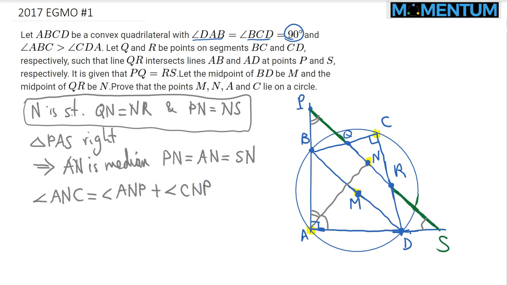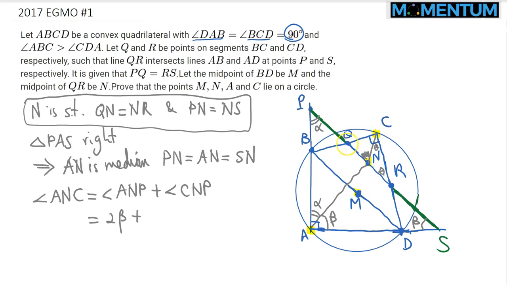For angle ANP, let's call these two alpha, and this one beta. This one is beta. Do you guys agree that ANP is just 2 beta? So this is 2 beta plus CNP, which is this angle over here, the sum of these two tiny angles here and here. We can call them theta each.